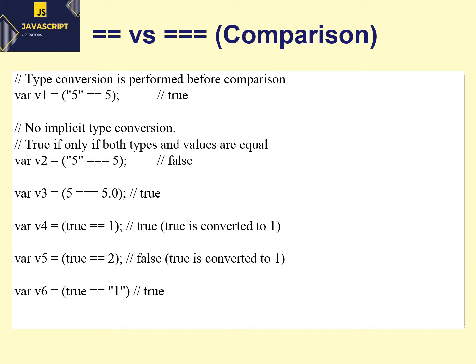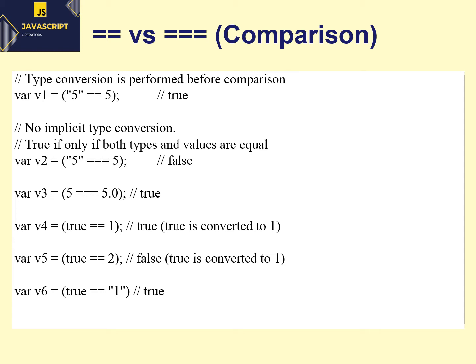So here it checks the value 5 and 5, so it's okay. Then it checks the data type. One is enclosed in double quotes and the other is without double quotes. So one is treated as string and the other is treated as number. So it produces a false value.